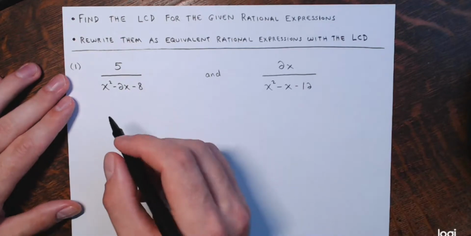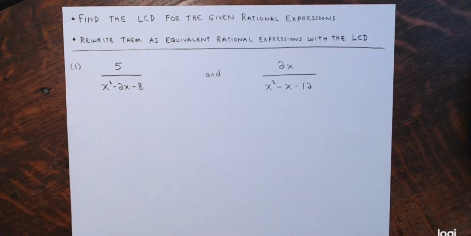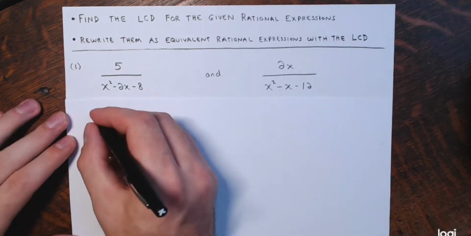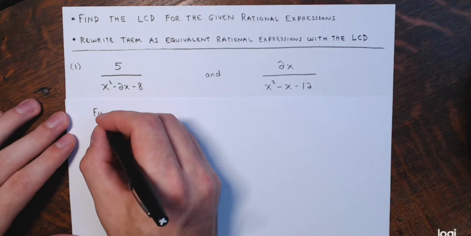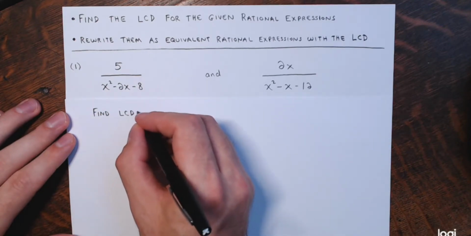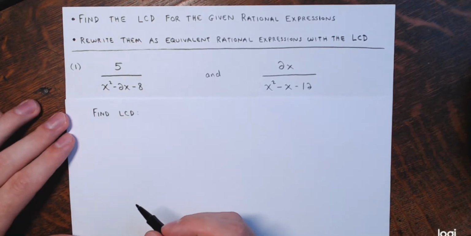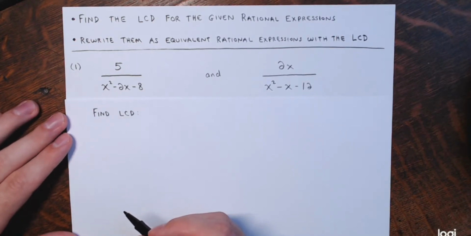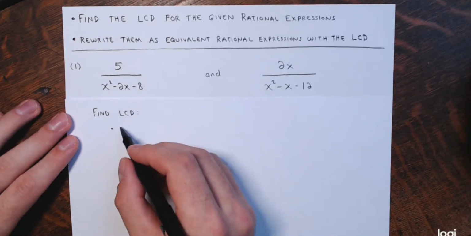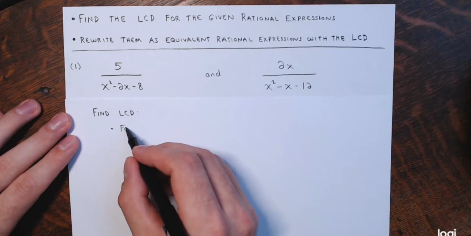Before I get into this example, let's go into how you find the least common denominator, the LCD. How do you do that when you're given 2 fractions, 3 fractions, and so on? First, you're going to factor.